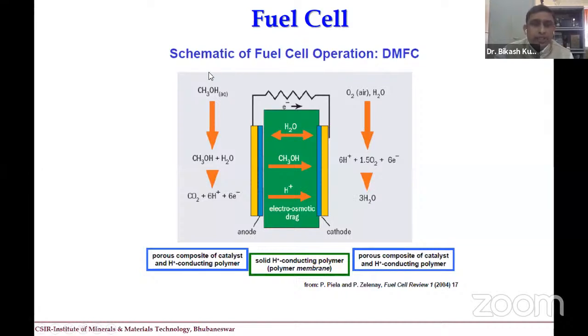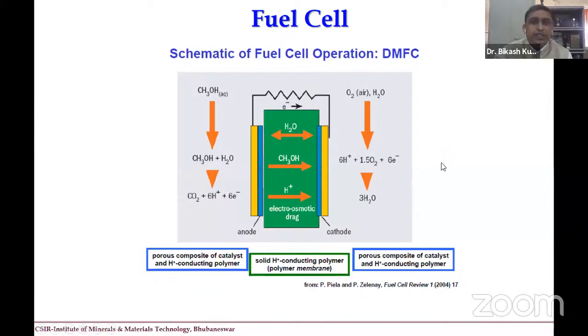This is the mechanism of how you can design a system where one side is the anode and the other is the cathode. Methanol gets oxidized and gives electrons to the cathode side, where air containing oxygen gets reduced, so the electrical circuit is completed and it generates electricity. There are two compartments, the anode and the cathode compartment, separated by a membrane that only allows protons to pass from the anode side to the cathode side without allowing the fuel.